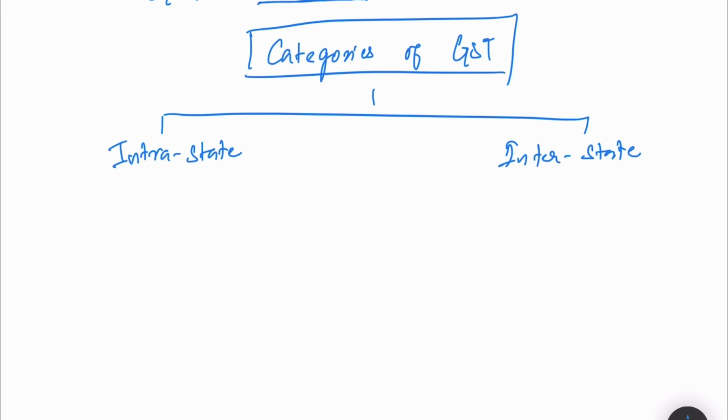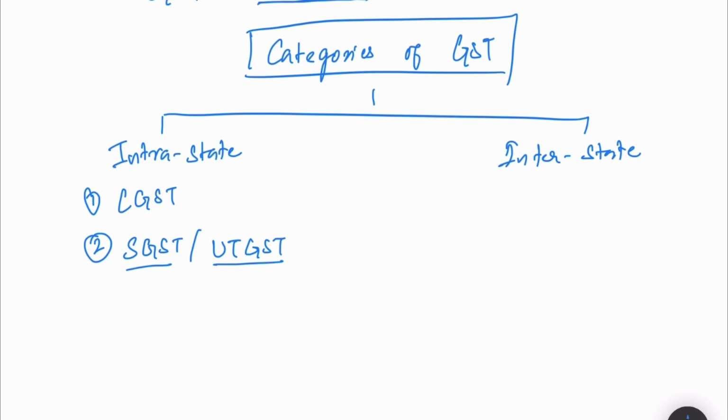Now, in the previous video, we have discussed that under intrastate transaction, there are two accounts that the seller has to maintain, that is CGST, Central Goods and Services Tax, and SGST or UTGST, State Goods and Services Tax, or Union Territory Goods and Services Tax. If the particular state government is a normal state government, then SGST account you have to use.